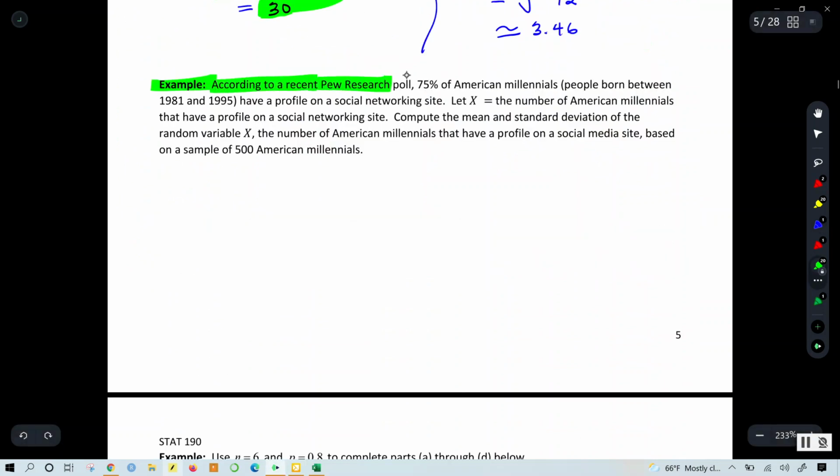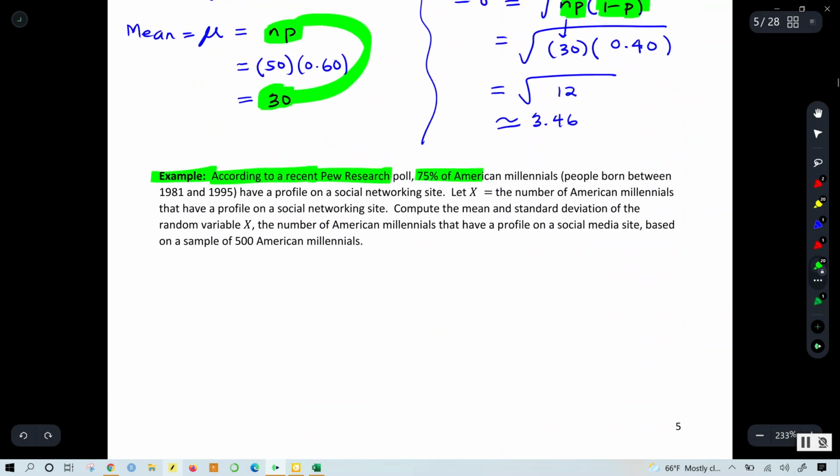According to a recent Pew Research poll, 75% of American millennials, people born between 1981 and 1995, have a profile on a social networking site. Let X equal the number of American millennials that have a profile on a social networking site.